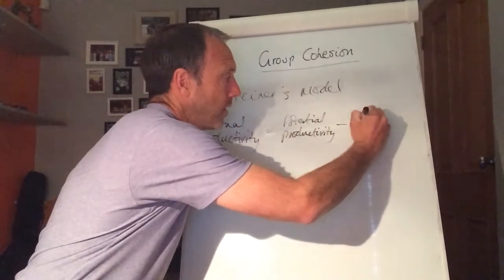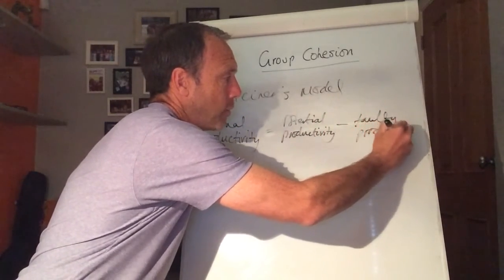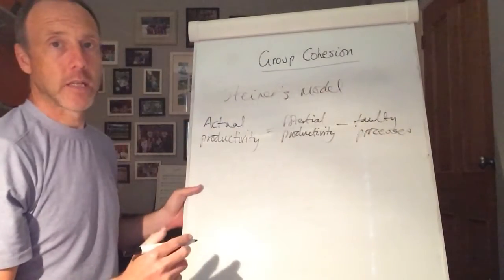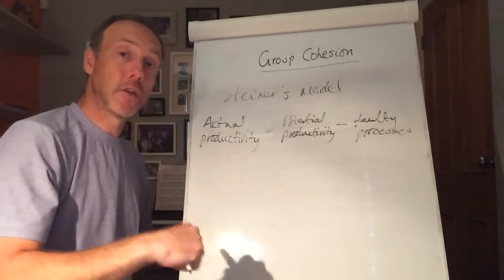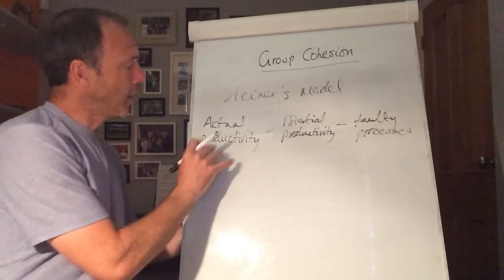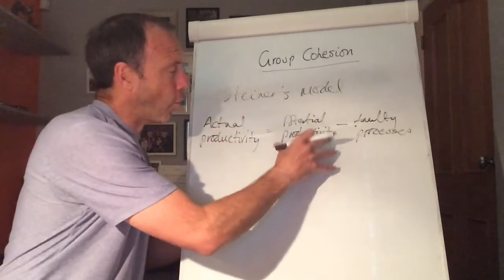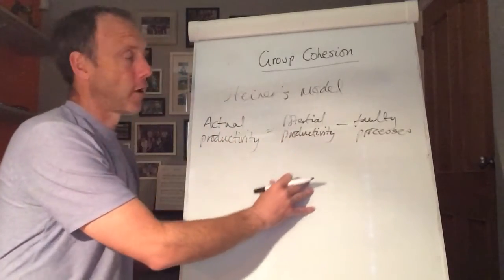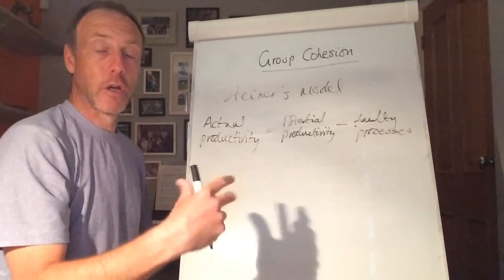But within that, we have to take into account that there may well be faulty processes, and that's a breakdown in cohesion, a breakdown in either the task cohesion or the social cohesion. So actual productivity is essentially what the team is truly capable of minus any issues that occur during performance.